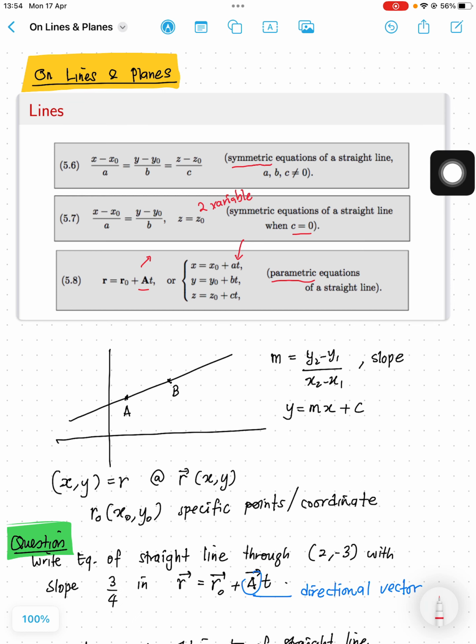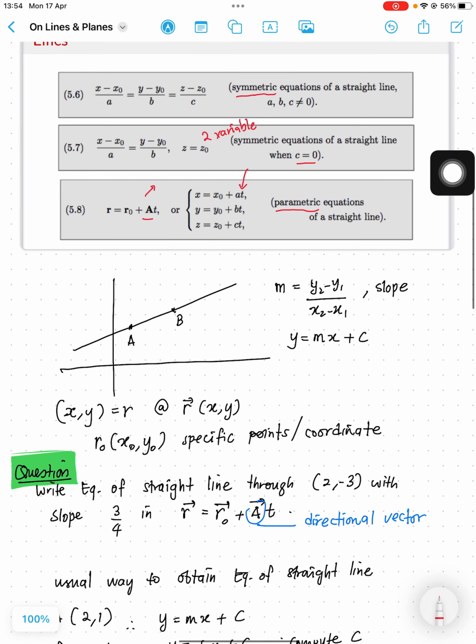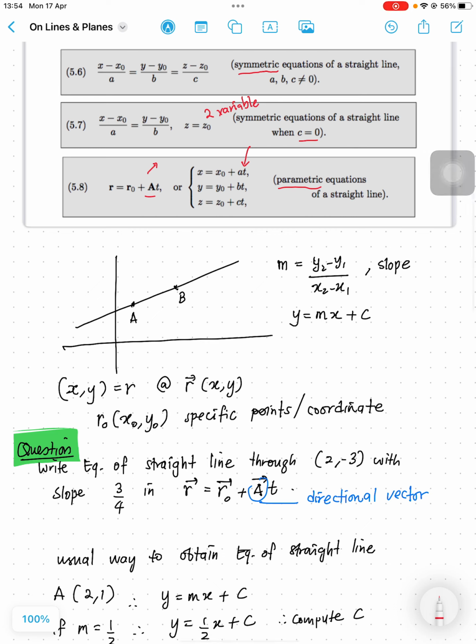Let's recall what you did earlier for equations of a straight line. So let's say you have y and x, and you have 2 points on straight line AB. Consider this a straight line. Then you can also compute their slope. Let's say your point A here is x1, y1, and your point B is x2, y2.